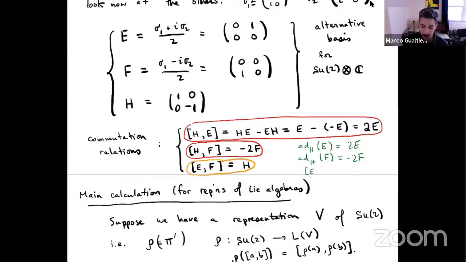And then you have the bracket of E and F is equal to H.